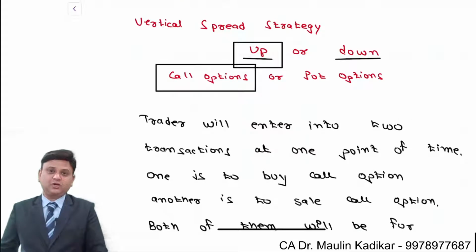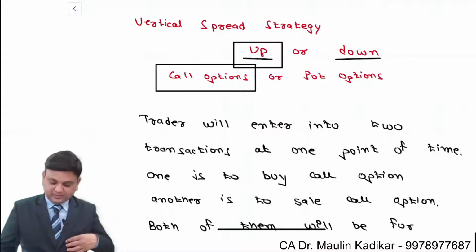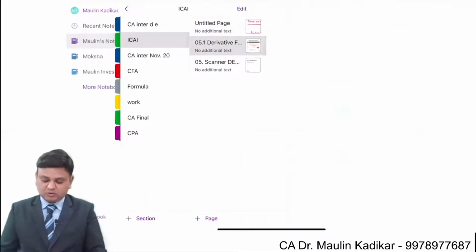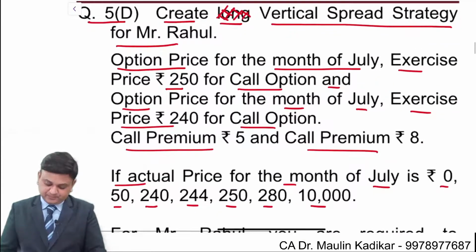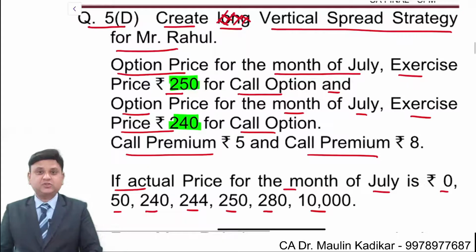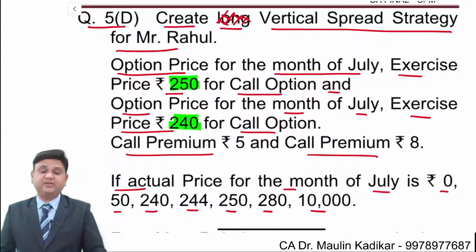Now my question to all of you is, if at all you are expecting the price to go up, then in that case, between these two exercise price, that is 250 and 240, which call option will you purchase and which call option will you sell?